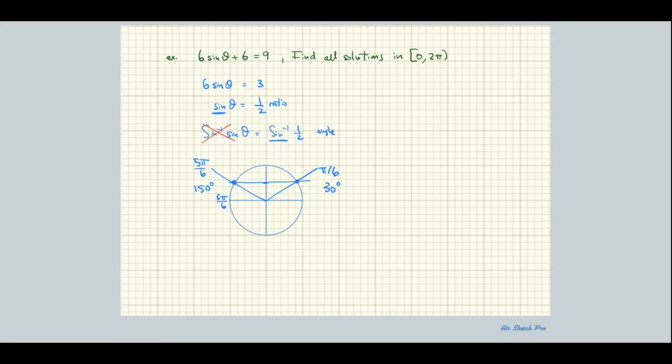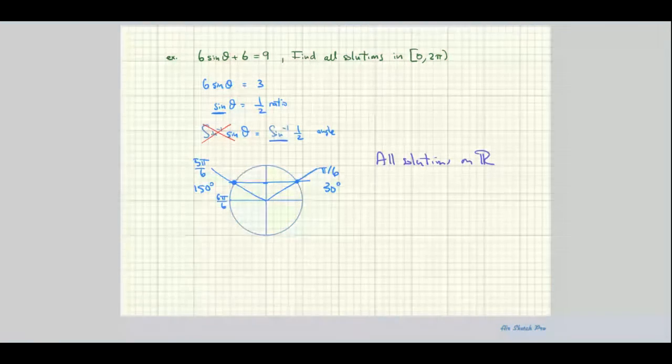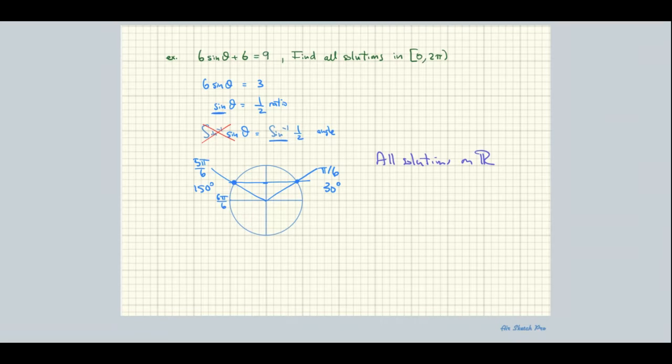Okay? If I wanted all solutions, all real solutions, I would start with those two. And I would say pi over 6 plus its coterminal angles, which are given by multiples of 2 pi or 360 degrees. 2 pi n.